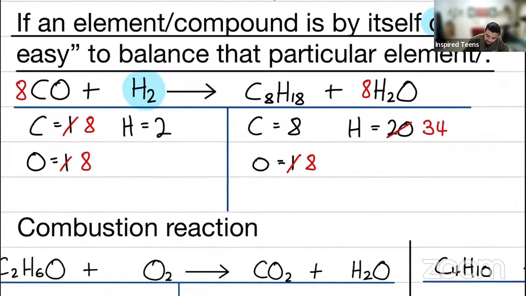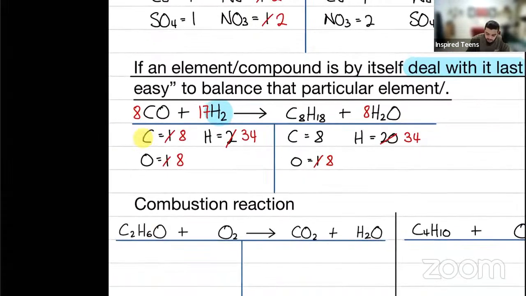So I can easily get this 2 to 34 by multiplying it by 17. So this hydrogen changes from 2 to 34, because 17 times 2 is 34. And now everything is balanced. Carbon balanced, oxygen balanced, hydrogen balanced as well.